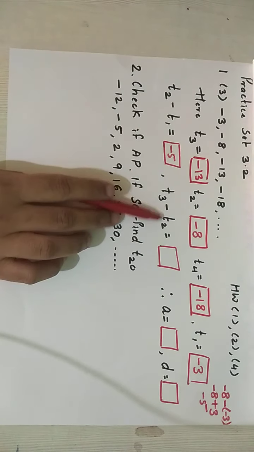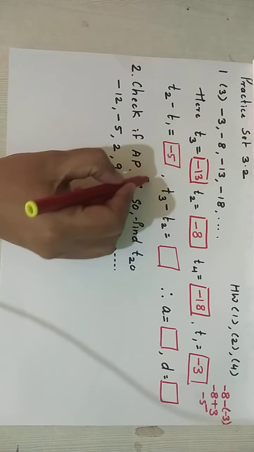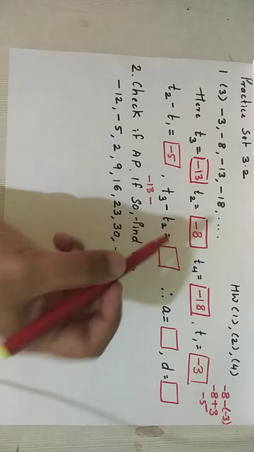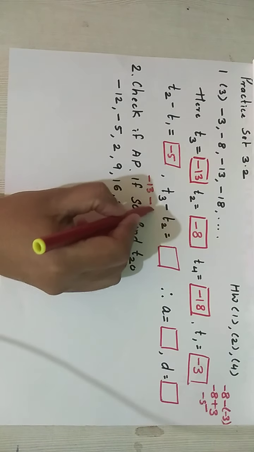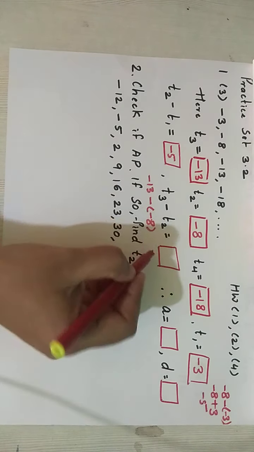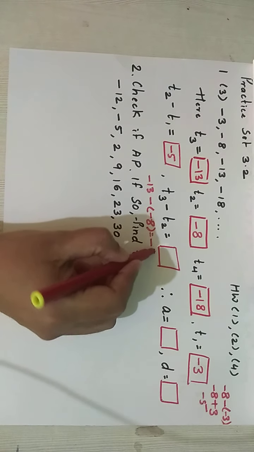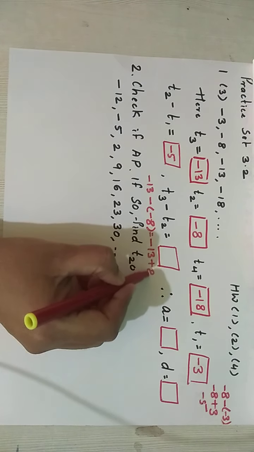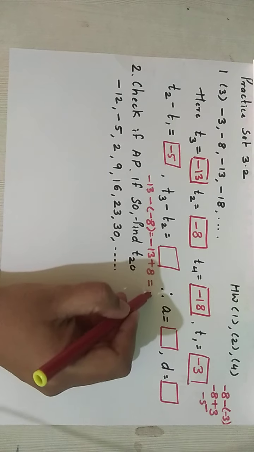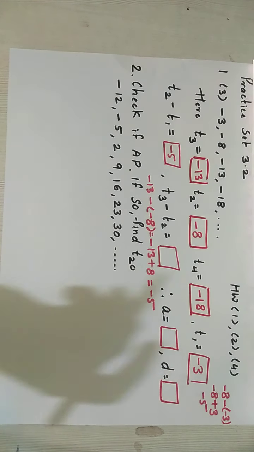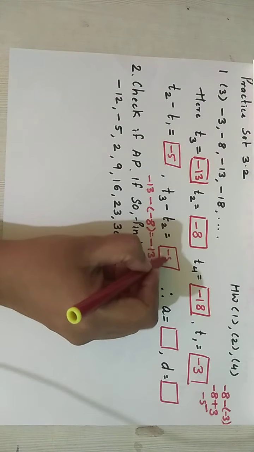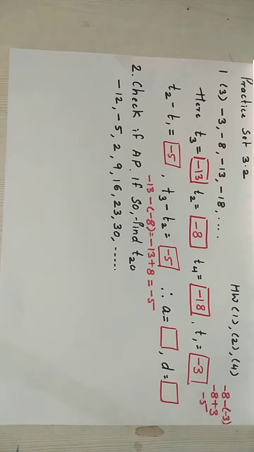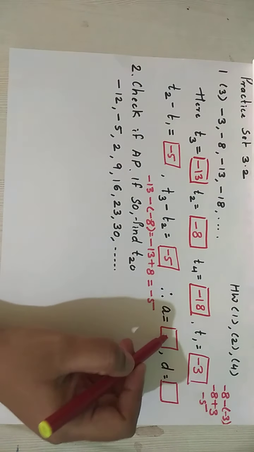Now T3 minus T2. T3 is minus 13 minus T2 which is minus 8. So this will be minus 13 plus 8. The answer will be minus 5. So you write minus 5 over here. The next blank is A is equal to.